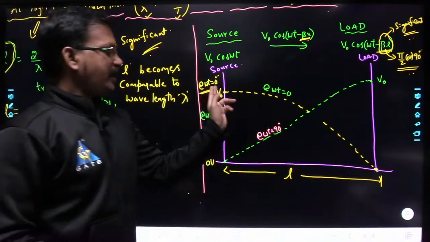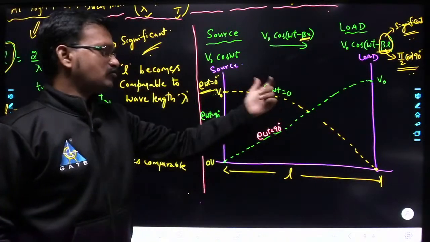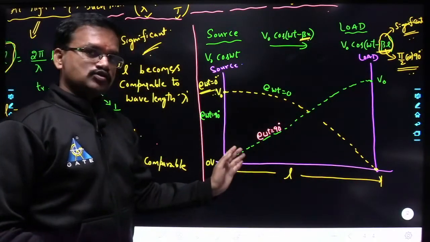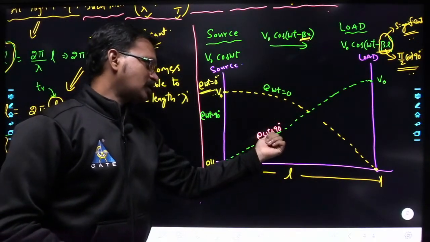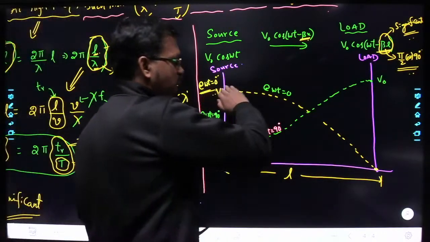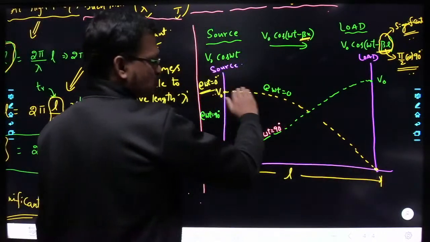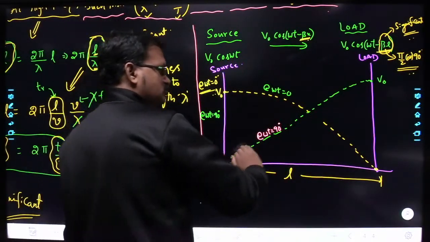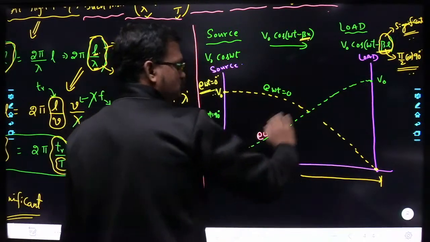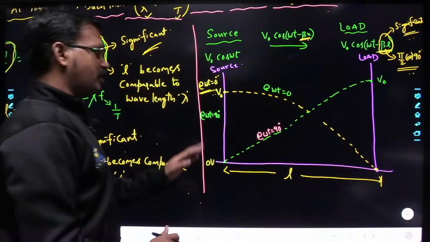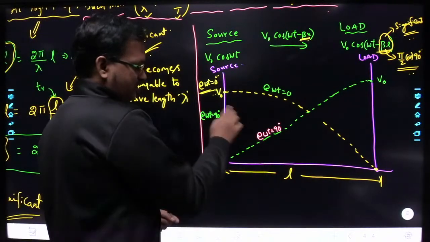So this is at one instant of time, that is omega t equal to 0, and this is at another instant of time, where omega t is equal to 90 degrees. At this instant of time, this is how the voltage varies from source to load, and at another instant of time, this is how the voltage varies from source to load. Yes or no?